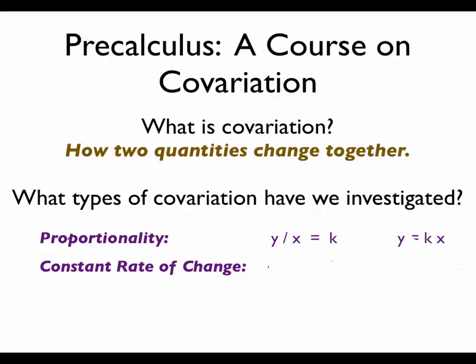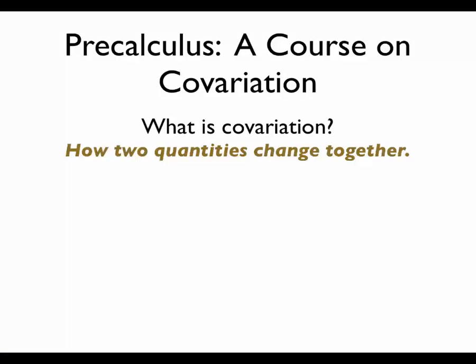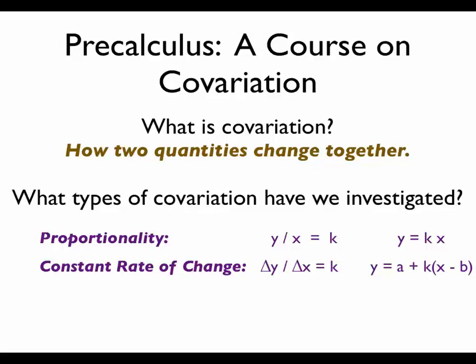And then we came up with a point-slope form. Remember, we came up with a point-slope form based on constant rate of change.